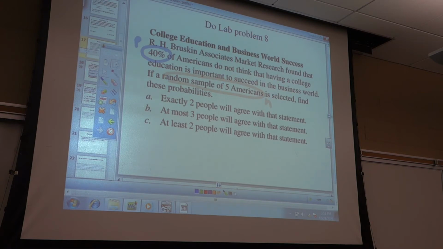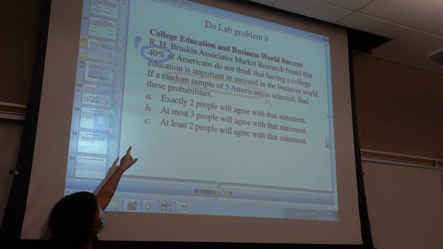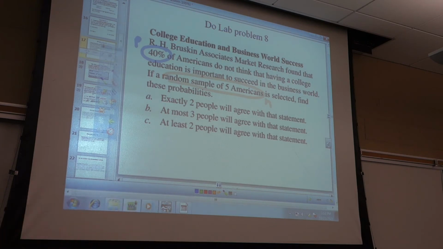So we did A last time. What we're going to need to do this time is B and C. So for A, what everybody found was this, I believe, right? Everyone did A, correct? Yes.